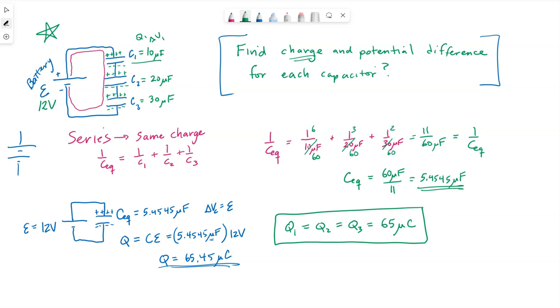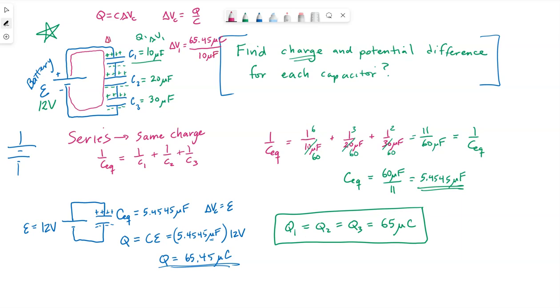Okay, we want delta V now. Well, we're going to use our nifty equation, Q equals C delta V, again, but this time we're going to solve for delta V. We know delta V is equal to Q over C. So delta V1 will be the charge 1. We know how much charge is on here, and I am going to keep more digits until I get my answer here. So charge divided by the capacitance of C1.